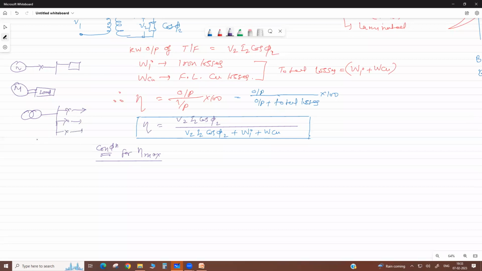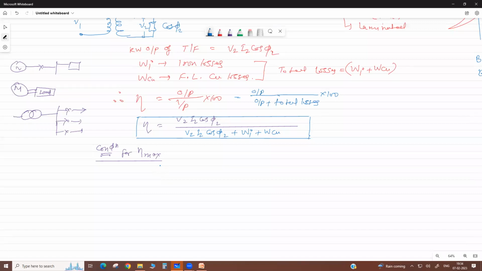Correct? So if you design the transformer for full load, it will give the best efficiency at full load. But on a transformer, the average load is not always full load. In night hours, the load is decreased, so that we calculate.